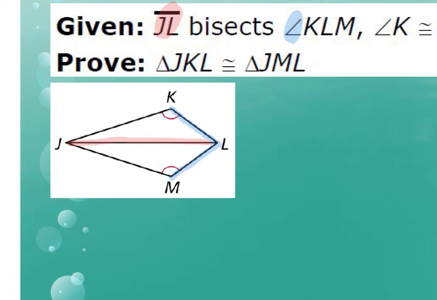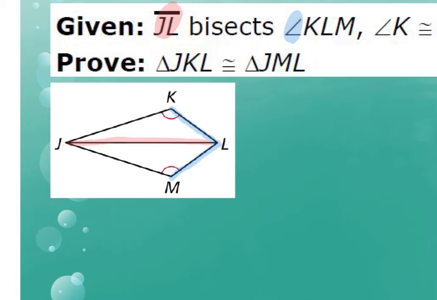So what can we say about KLJ and JLM, those two angles? If the blue angle is bisected by the red line segment, what can we say about KLJ and JLM?